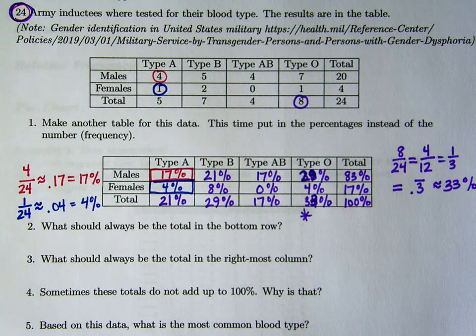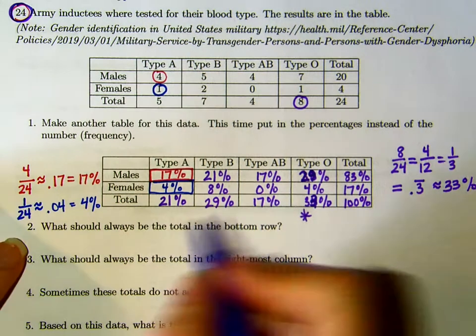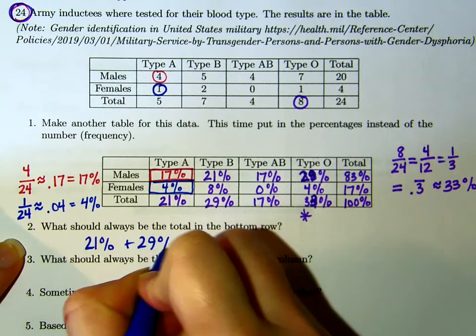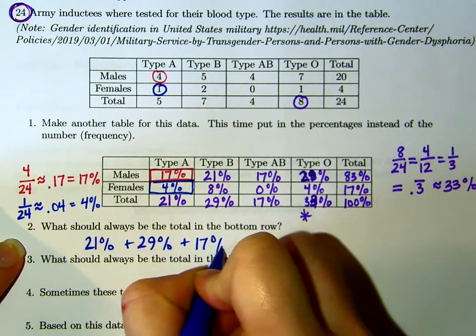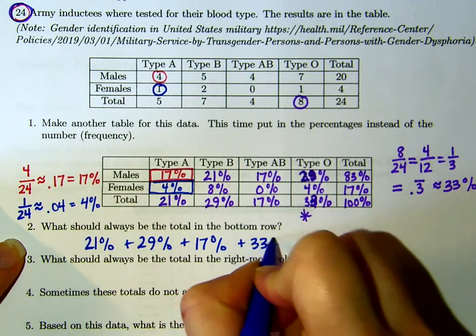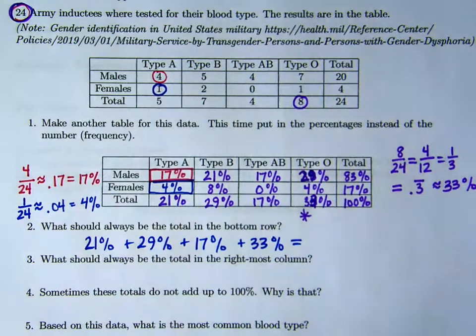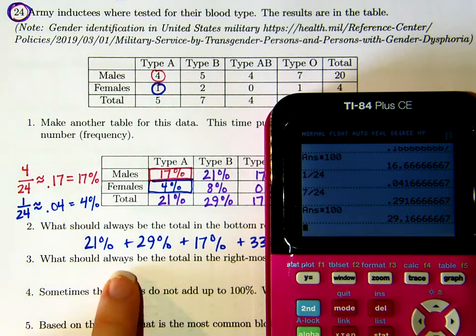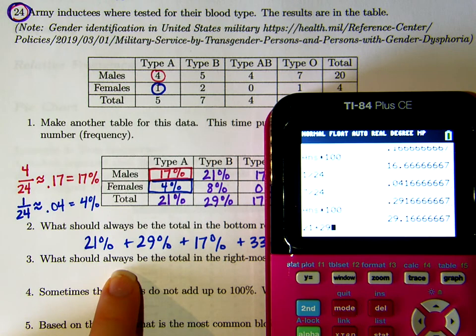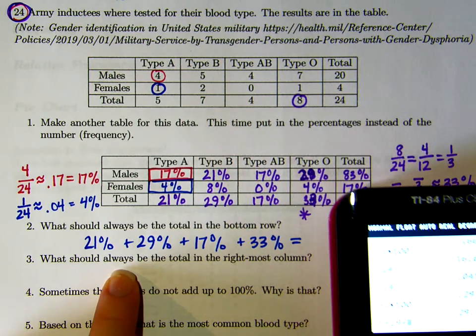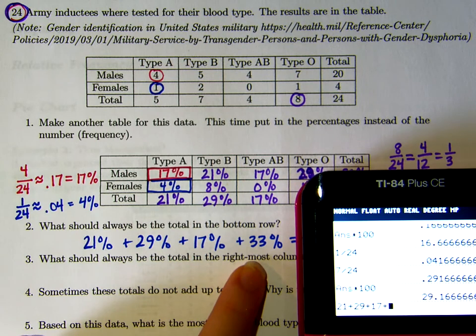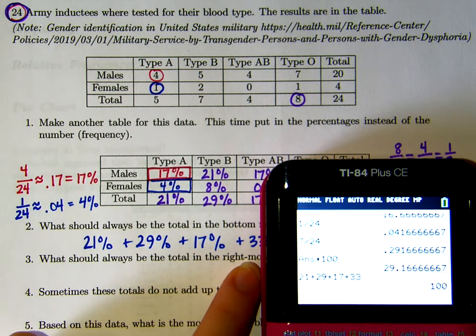So let's go 21%, 29%, 17%, and 33%. Hopefully that adds up to 100%. Let's check that. Okay, so 21%, 29%, 17%, and 33%, 100%.